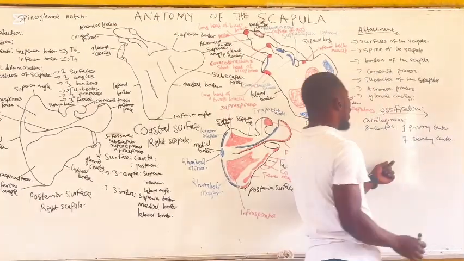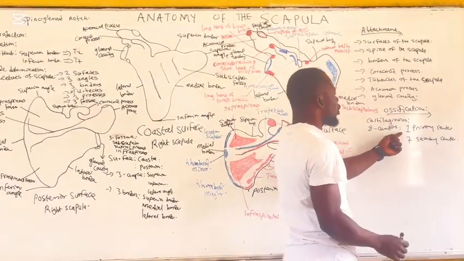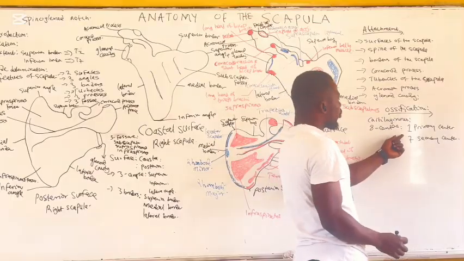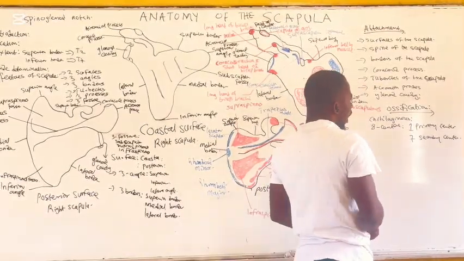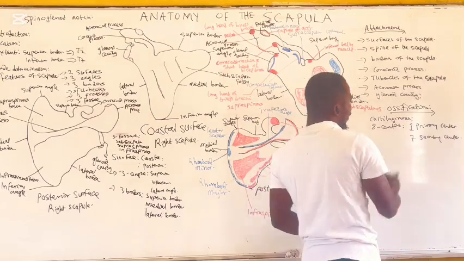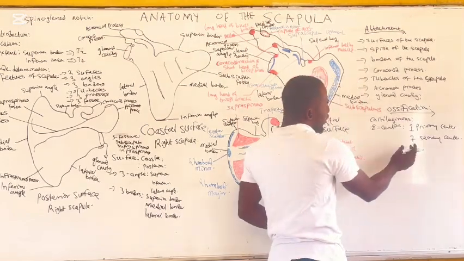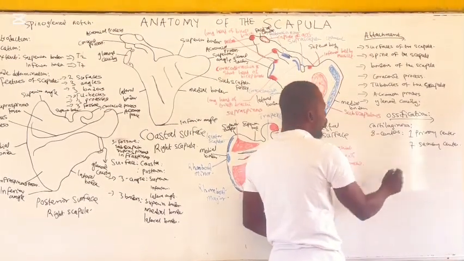The primary center appears in the body of the scapula at around 8 weeks of intrauterine life and fuses at about 15 years. The secondary centers are as follows.